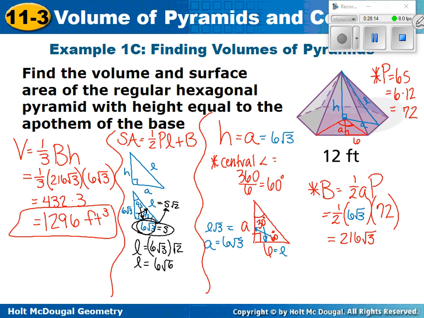Not 6 times 3. Is that what you said? 36 times 3, yes. 6 squared is 36. The square and square root cancel, so you have 36 times 3, which will end up being 108, I believe. Am I right? Okay. And then the same thing here, 108, which equals L squared.